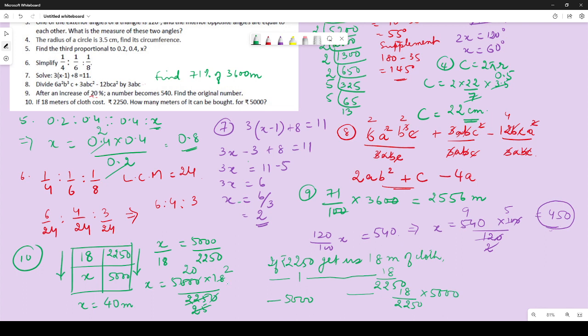See the same equation over here. So you get 40 meters of cloth. So that will be your answer.